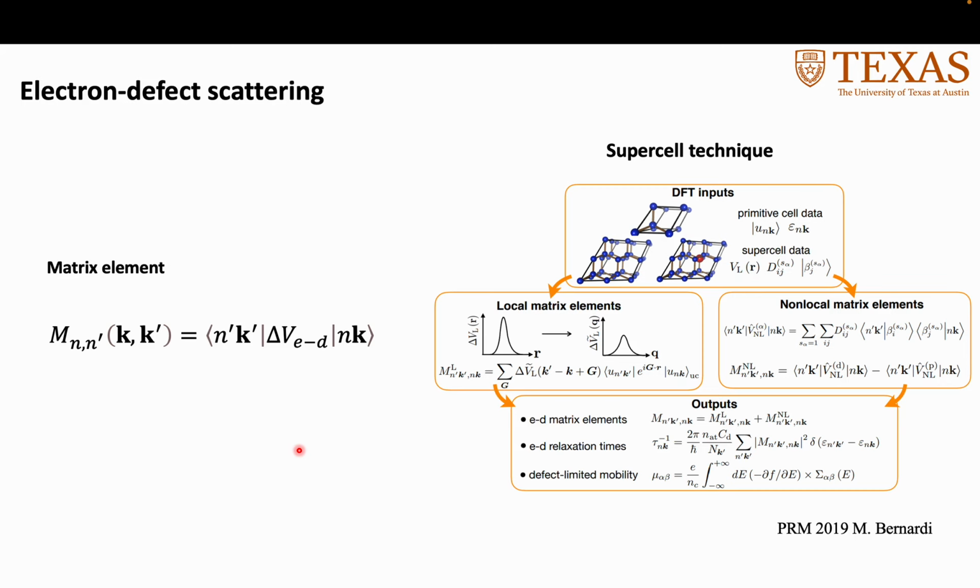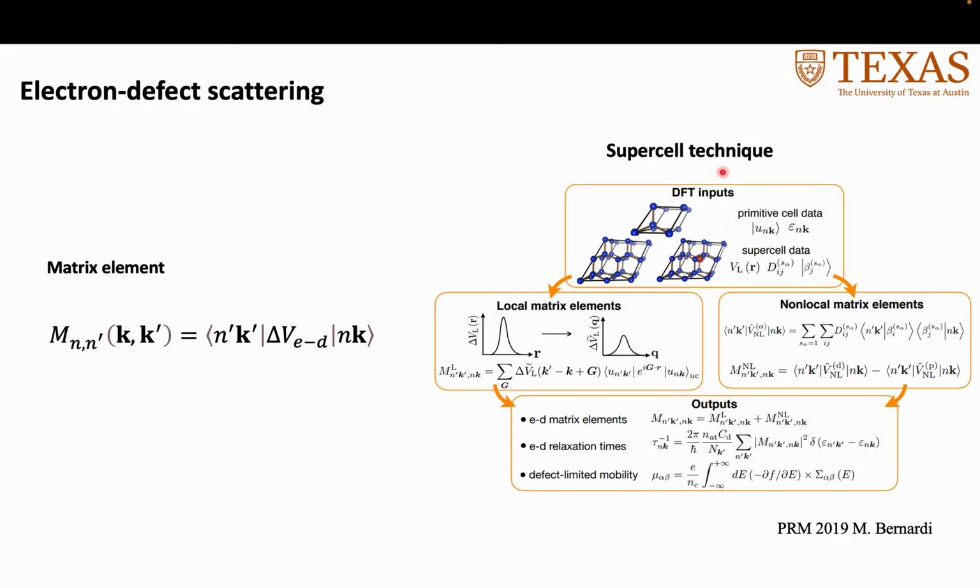For electron defect scattering, the quantity can be expressed by the matrix element, including the final states, initial states, and the perturbation potential due to the electron defect interaction. This matrix element can be calculated using the supercell technique proposed by Dr. Marco Bonatti.